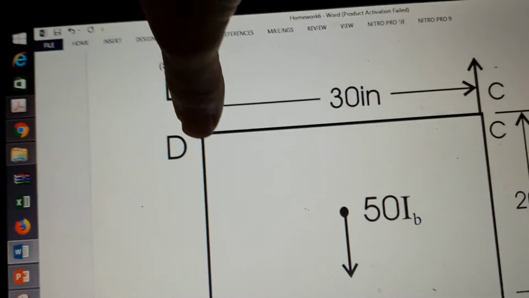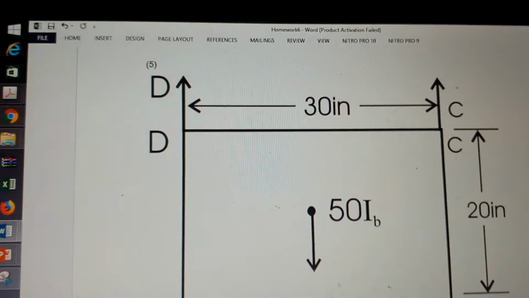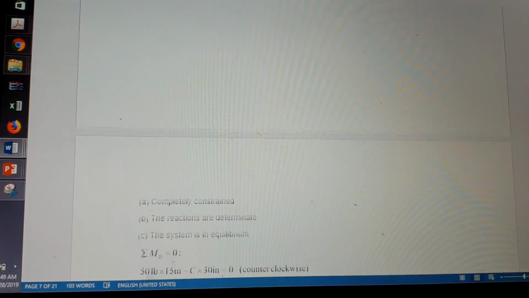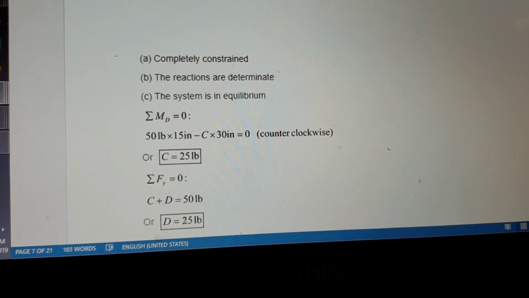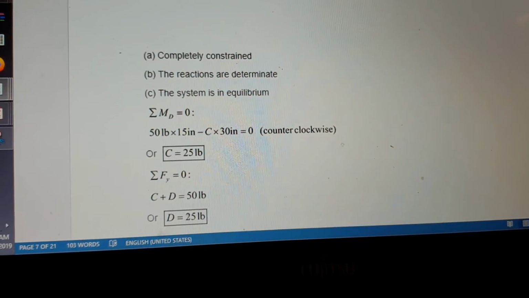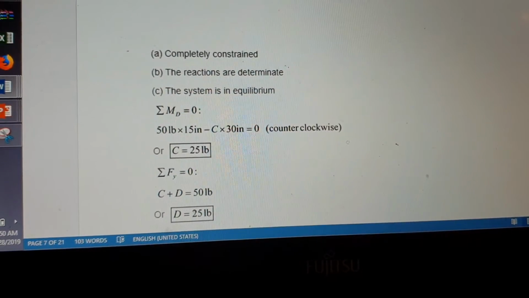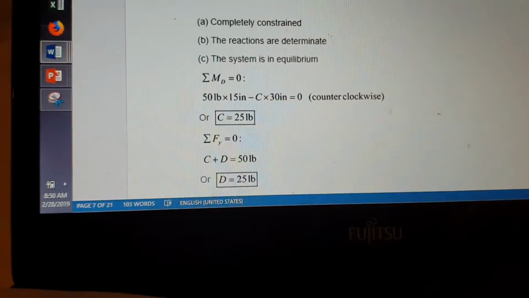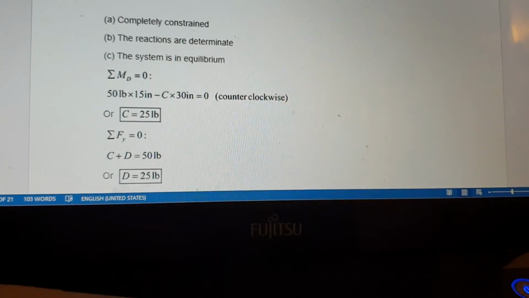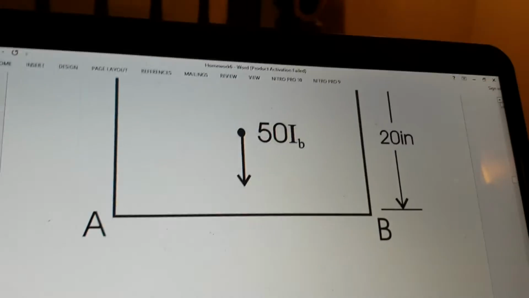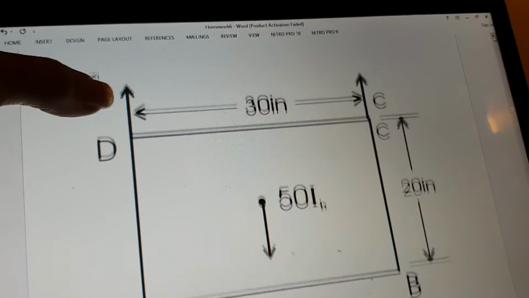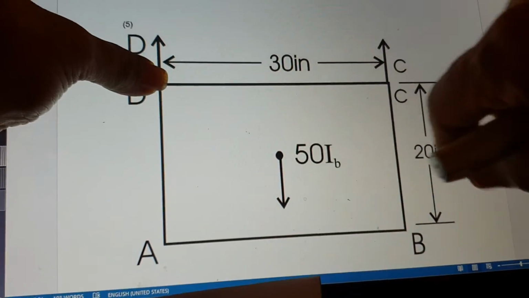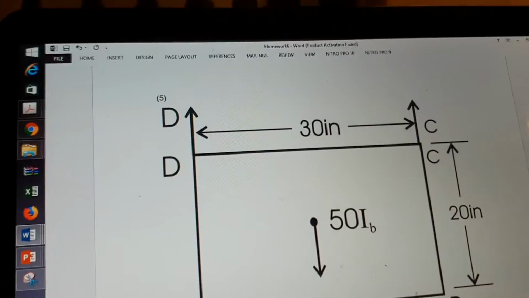If you have summation of moment at D, you could find, well, this is a well-established equation, and you could assume it's completely constrained, the reactions are determinate, and the system is in equilibrium. If you take summation of moment at D, you will get C is equal to 25. So summation of moment at D, C times 30 in the plus, minus 50 times 15.